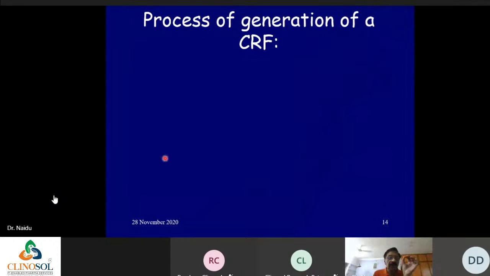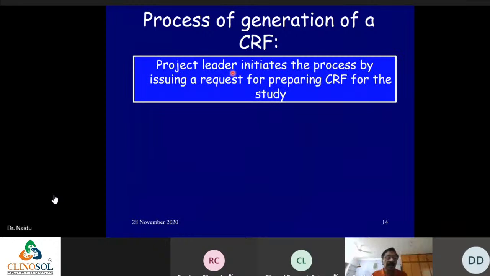Now, the process of generation of the case record form: how does it happen, and what are the various steps? The first is that the project leader, the person who is really planning the study, initiates the process by issuing a request for preparation of the case record form.